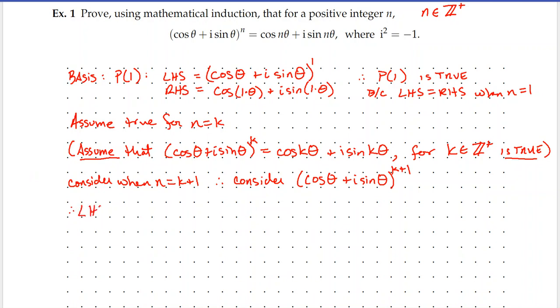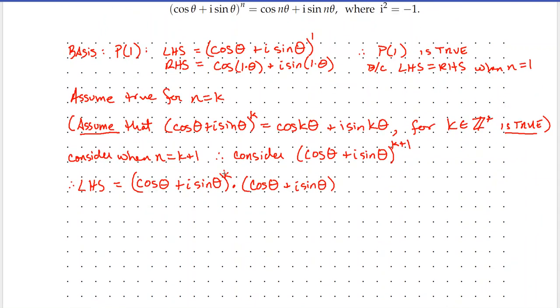That means our left-hand side has to be equal to the cosine of theta plus i sine of theta raised to the kth power times the cosine of theta plus i sine of theta, using properties of exponents.